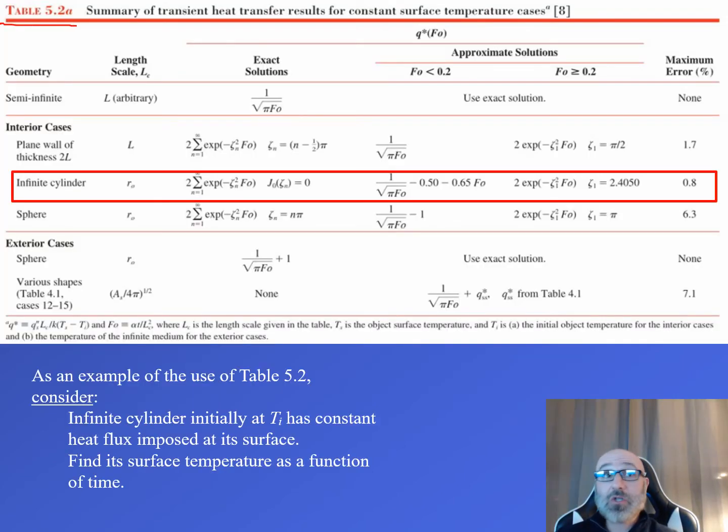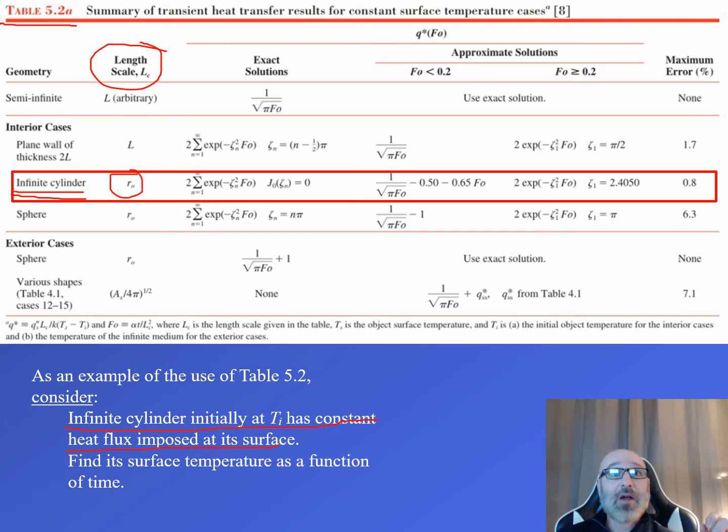Part A right here shows a summary of the transient heat transfer results for constant surface temperature cases. So we can see here we have an infinite cylinder. If we're considering as our example an infinite cylinder initially at a temperature, initial temperature T sub I, that has a constant heat flux imposed at its surface, we can take a look at this table here and we can see, okay, for our infinite cylinder, our length scale, our L sub C, which again is dependent upon geometry. For our cylinder, this is going to be our R 0.